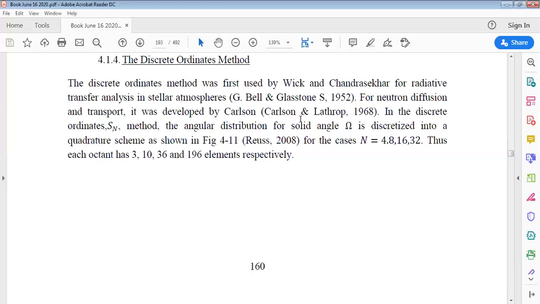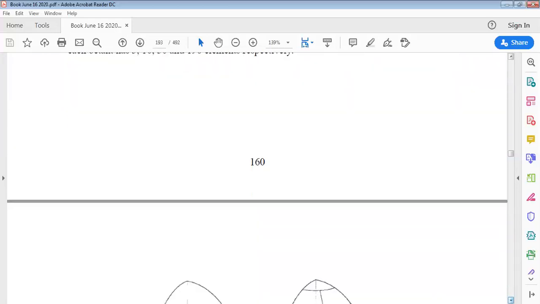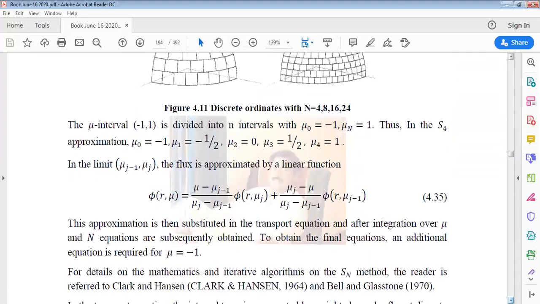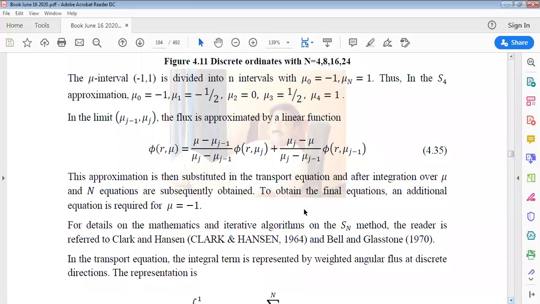Okay, so essentially what happens in the discrete ordinates method is that the solid angle omega is discretized into a quadrature scheme. And they use 2, 4, 8, 16, 32 divisions. So you can have more and more elements to define complex geometry where you want to get information. So the mu interval, which I told you goes from -1 to 1, back scattering to full forward scattering.